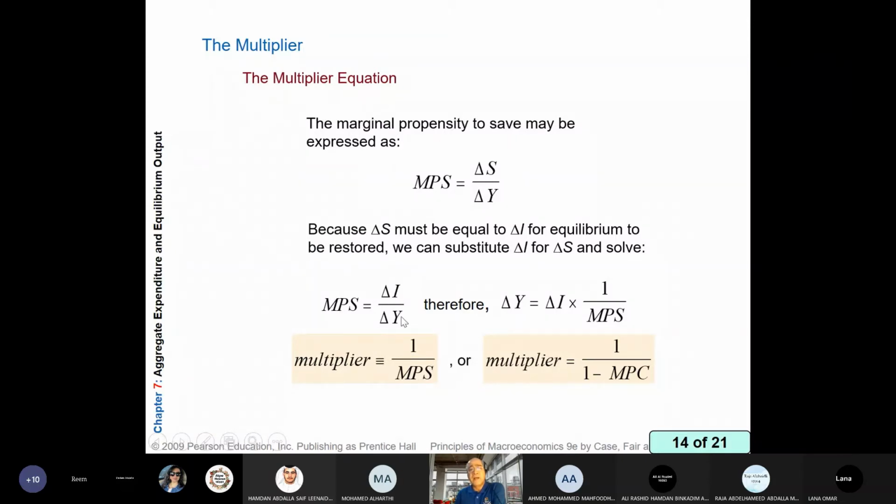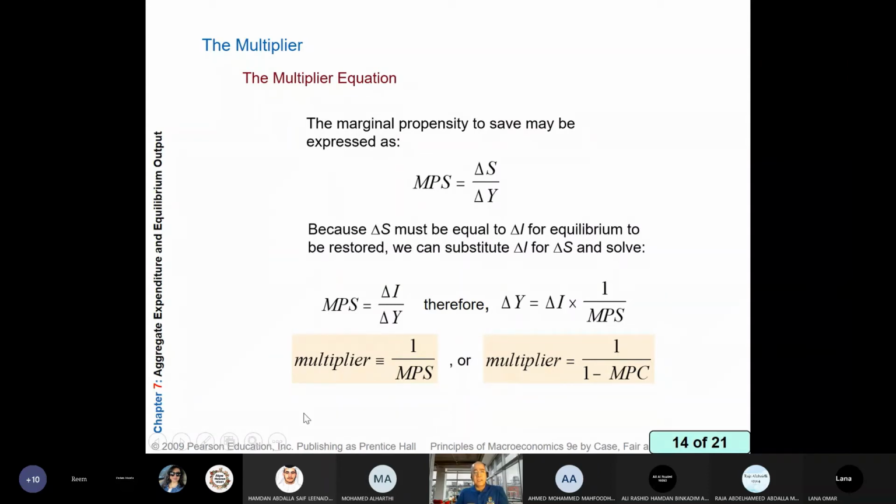I will rearrange this term. What is delta Y? I will bring delta Y up and replace it with marginal propensity to save.